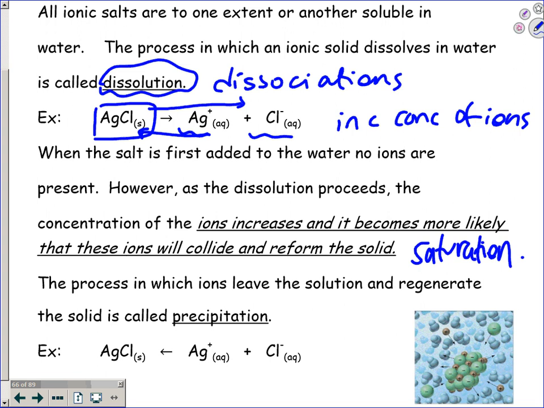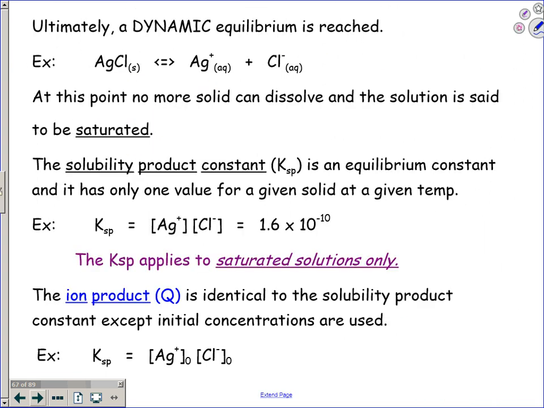Conceptually? Okay. So as a dynamic equilibrium begins to occur, we're going to meet saturation, and that's when we are holding a specific amount of ions at a given temperature. So we will make sure that this is temperature dependent, just like all equilibria are temperature dependent.